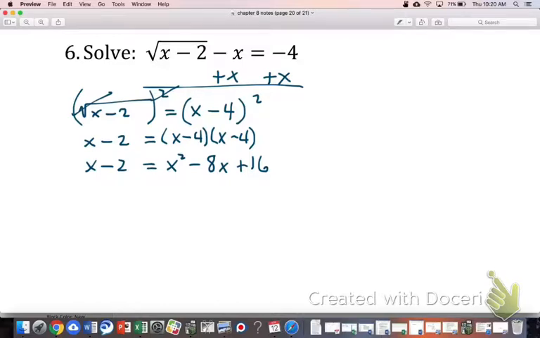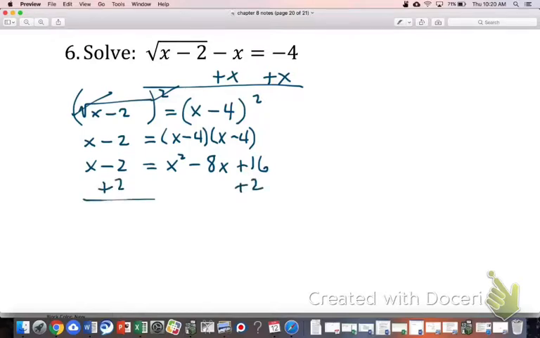So now, remember earlier today when you guys were trying to do magic x kind of stuff? Remember, before you do any magic x kind of stuff, we need to get to standard form. And standard form is everything on one side equals what? 0. So how do I get this to equal 0? You add 2 and subtract x.